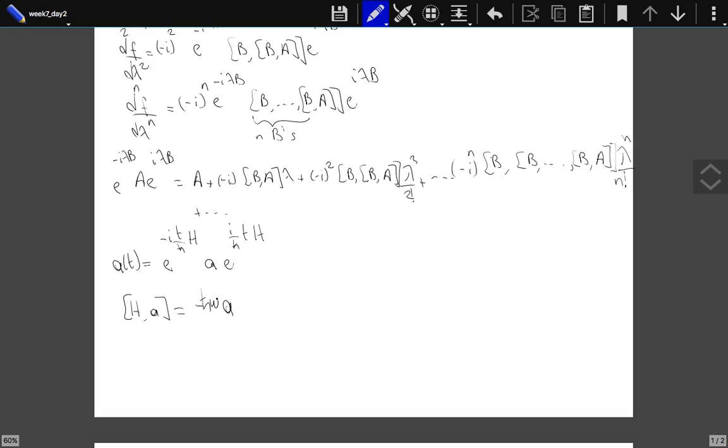So does A lower the energy or increase the energy? It lowers. So that's why it's minus. You can just test it like this. HA minus AH acting on some state, let's say E alpha, will be equal to H times A acting on E alpha, minus E alpha times A E alpha.